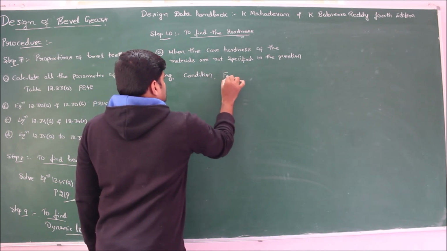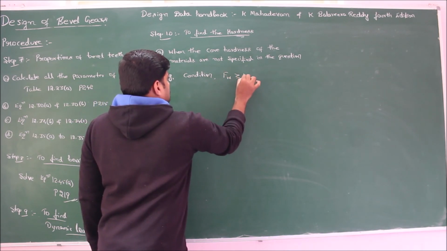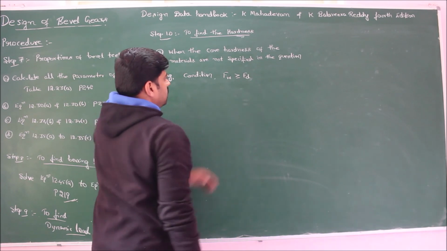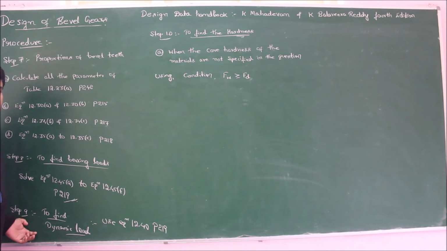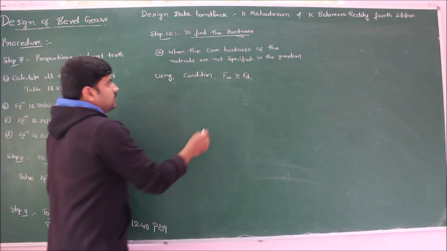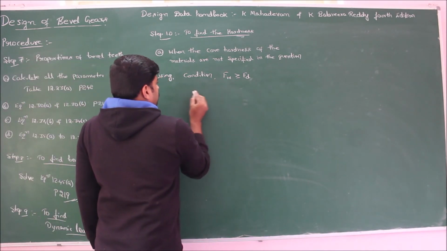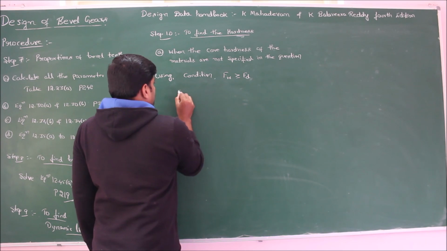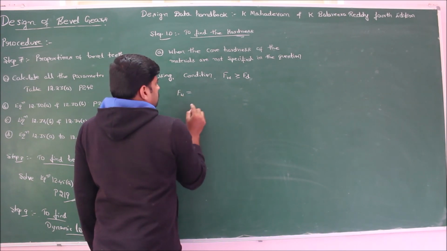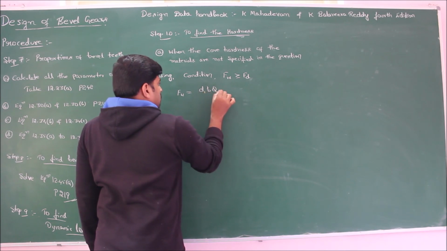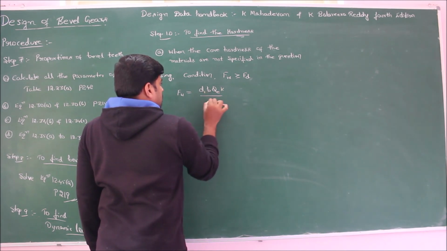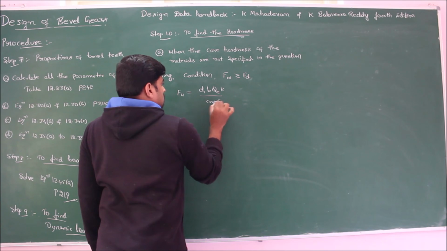condition Fw greater than or equal to Fd. Already we have calculated the value of Fd in step 9. Now we know the value of Fw, which is given by d1 b q equivalent k by cos delta 1.